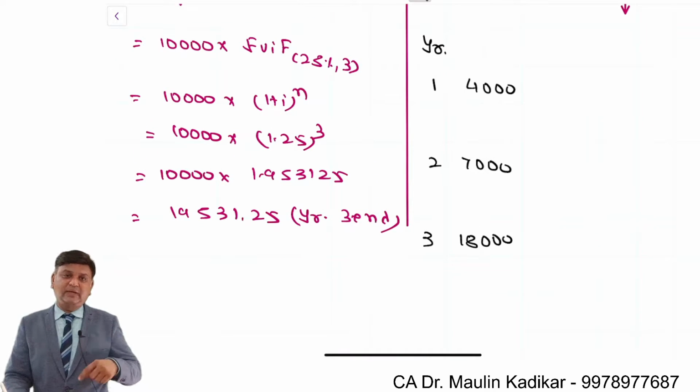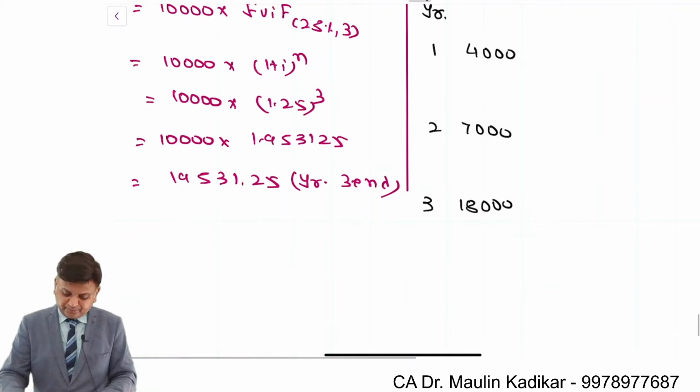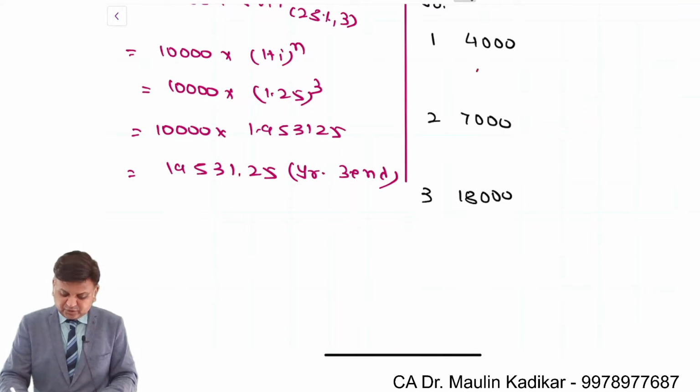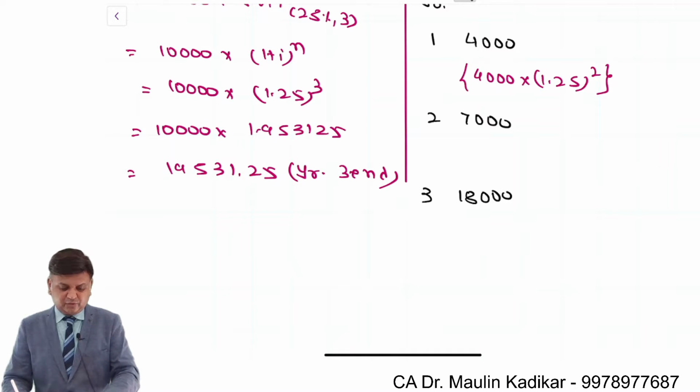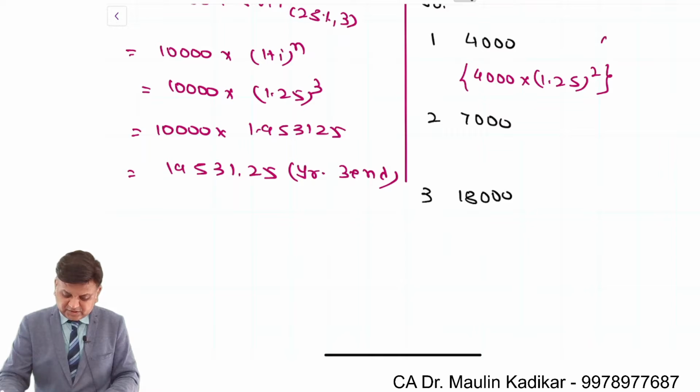You have told me that my opportunity cost is 25%. So let us reinvest this 4,000 at the rate of 25% for 2 years, with the reinvestment rate information that you have given to me. So square of 1.25 into 4,000, so it is 6250.